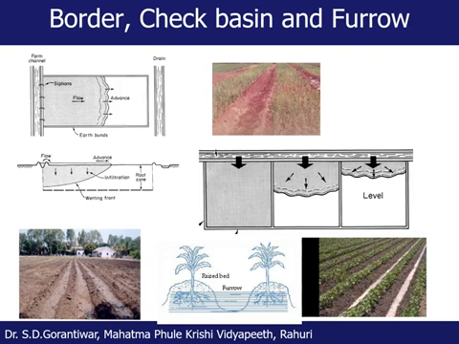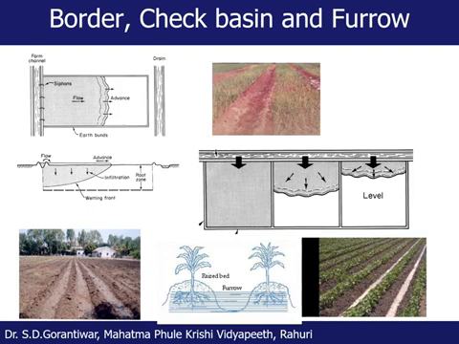In case of orchard plantation, they are circular as well. In this method, the water from the field channel is diverted into these basins, and this diversion will continue till the basin is filled with the desired depth of the water actually. And when the water is ponded over the basin, then this water will further infiltrate into the soil root zone.